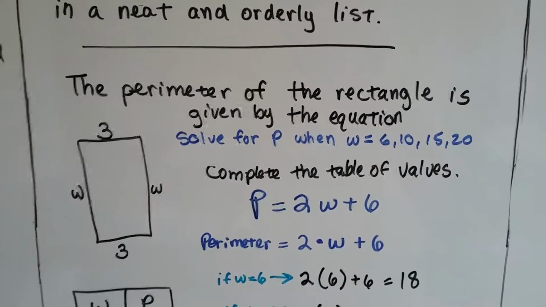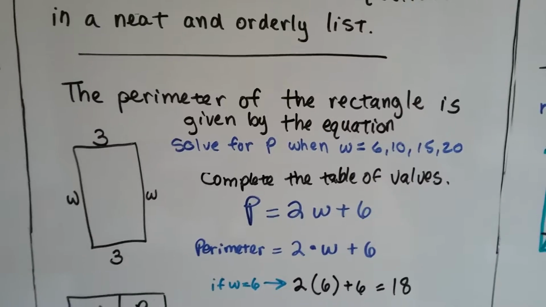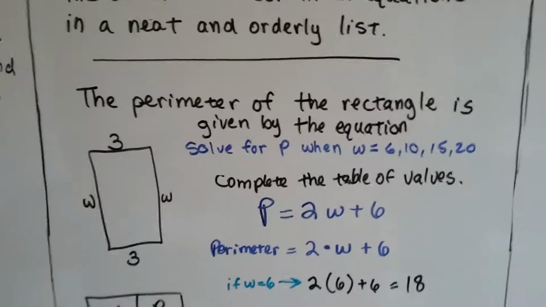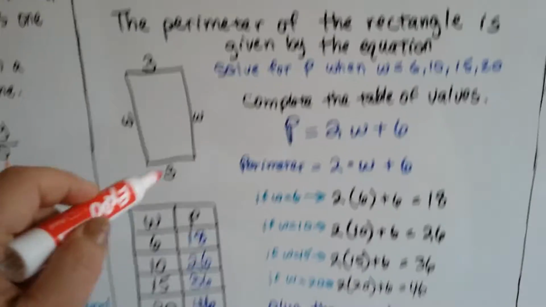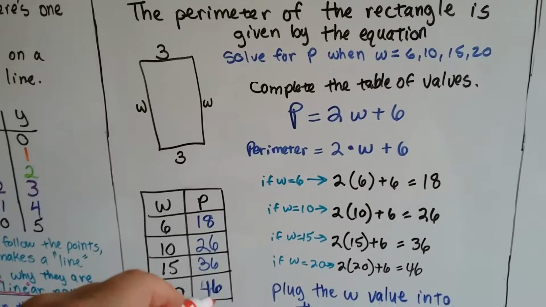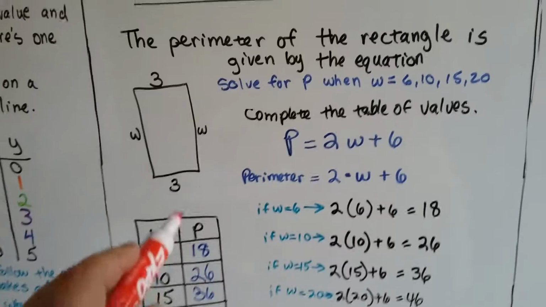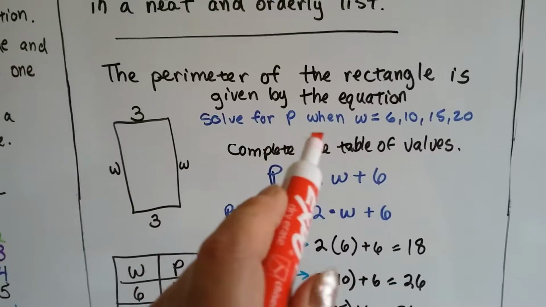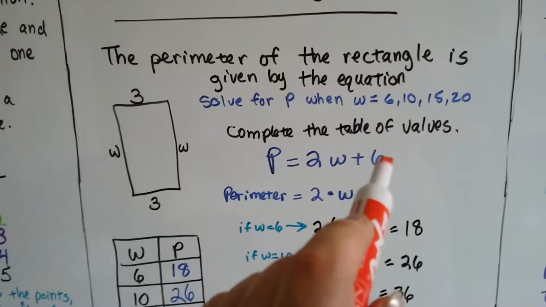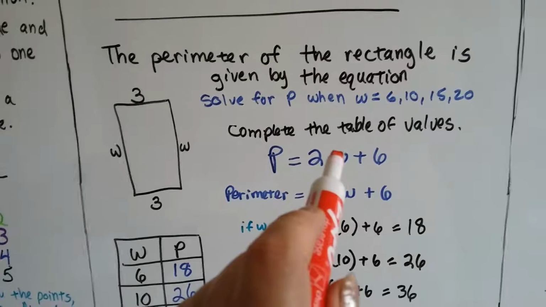The perimeter of a rectangle is given by the equation, solve for p, when w is equal to 6, 10, 15, 20. So, you do these one at a time, and then there's a table of values, and you complete the table of values. The blue ones were the ones that I added. The black ones were the ones that were already there in the problem. So if you have p equals 2w plus 6, and w is 6, then what's the solution?